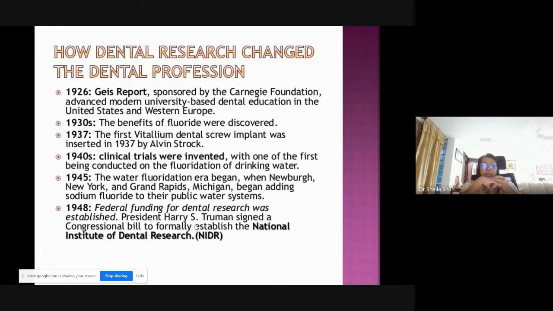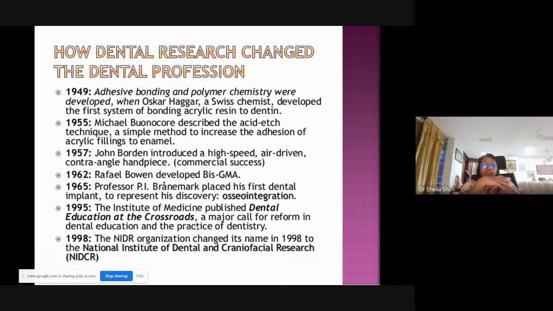Then federal funding for dental research was established. In 1949, adhesive bonding and polymer chemistry were developed. In 1955, a simple method to increase the adhesion of the filling to the enamel.